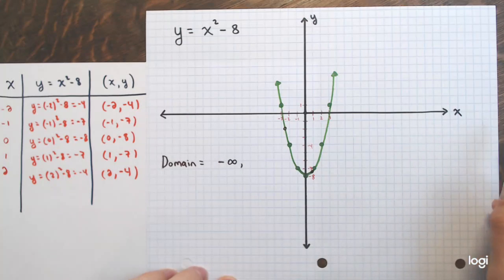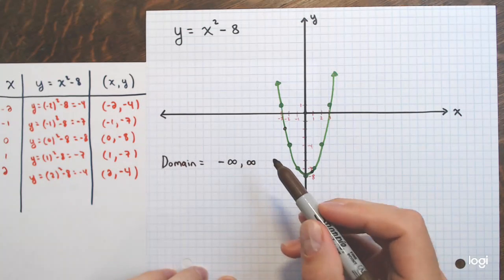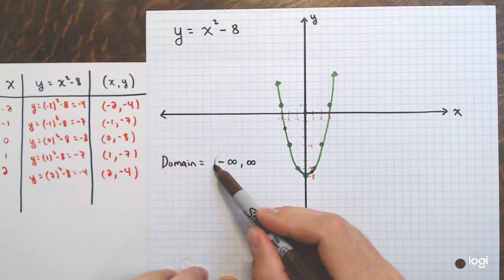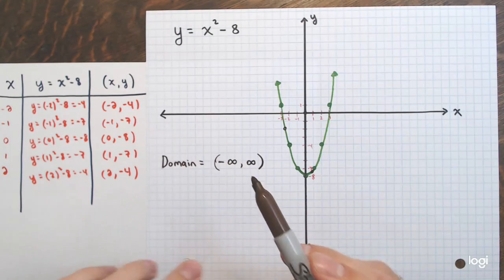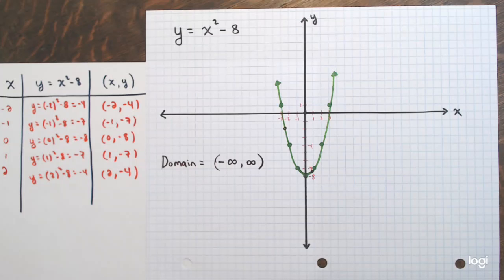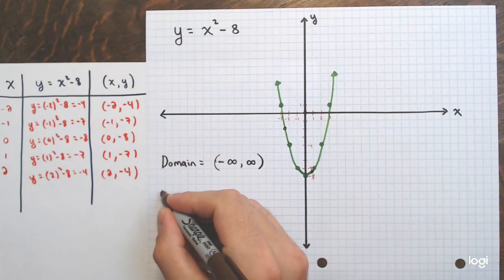There's also no highest value in the domain. The domain is again all real numbers. So it would have this interval notation, everything from negative infinity to infinity, indicating there's no lowest and no highest value in the domain. Anything you want.